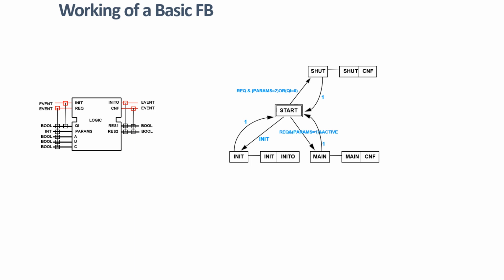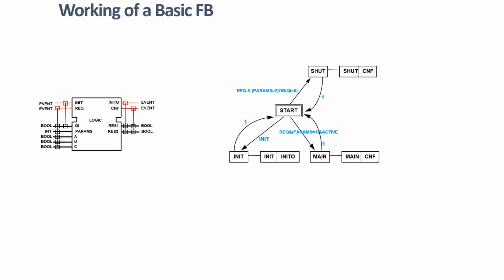Initialization is assumed to be a required function of the function block: at the startup or power up of the device, the first thing to be done is initialization, which will set all internal variables and output variables to some initial value. And then there are two modes of operation, the main mode of operation and the shutdown.